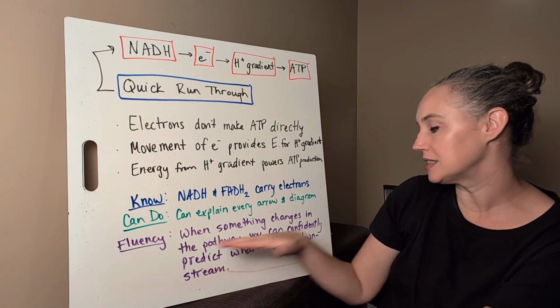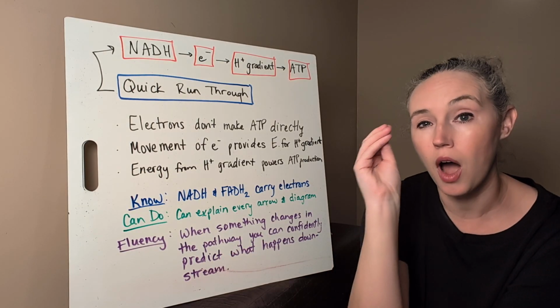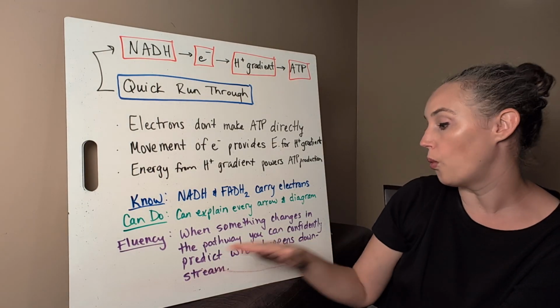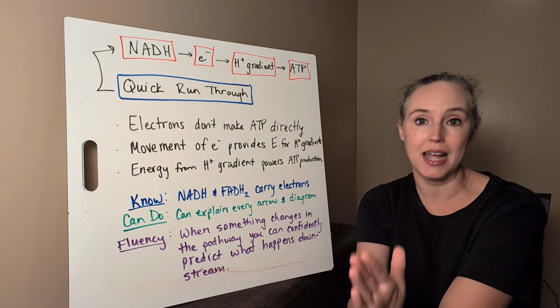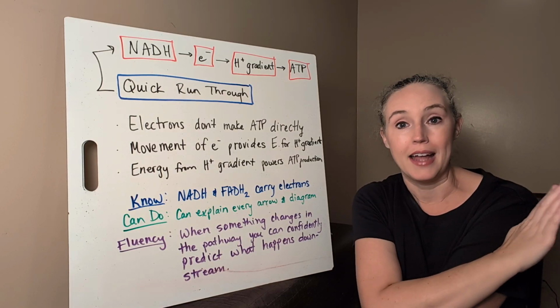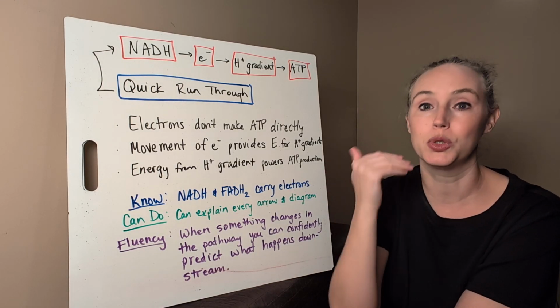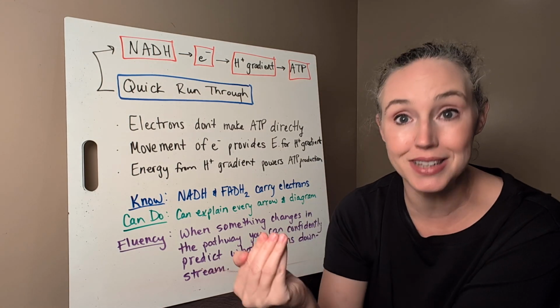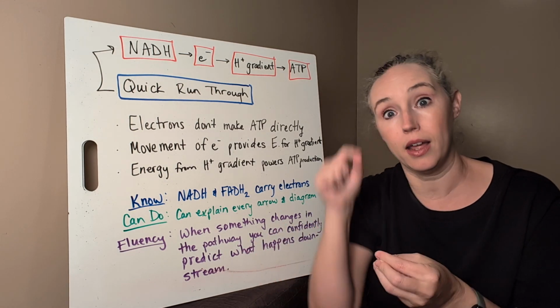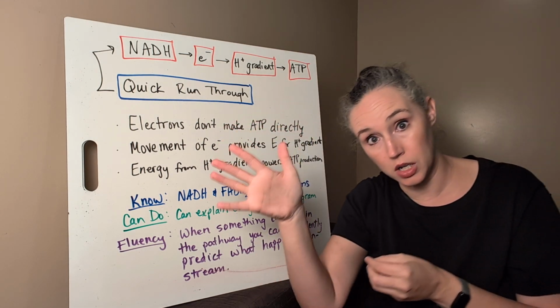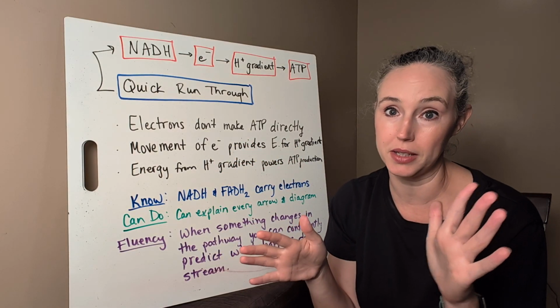If something changes in the pathway, can you confidently predict what is going to happen downstream? And not just that there will be less ATP, but you will have to be able to justify and explain why that thing that went wrong results in less ATP.